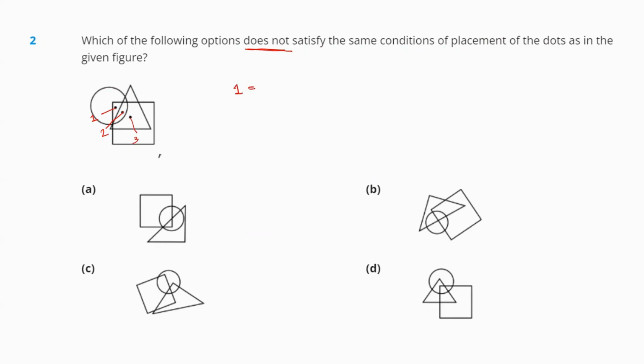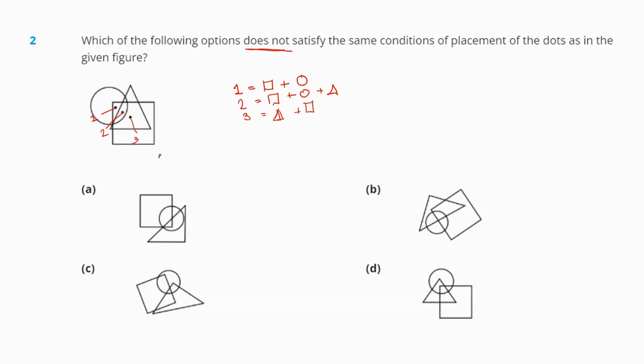For dot 1, it is covering a square and a circle. For dot 2, it is covering a square, a circle, and a triangle. And if we look at dot 3, it is covering a triangle and a square.